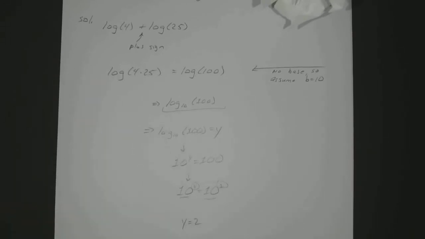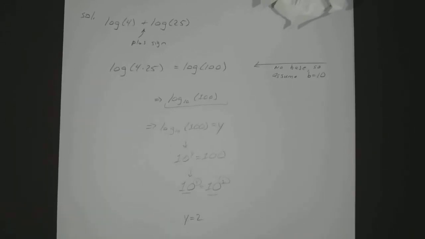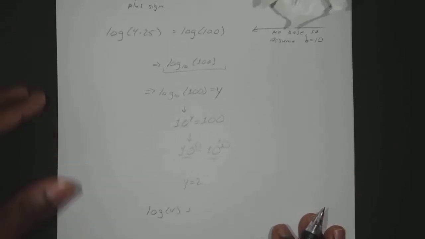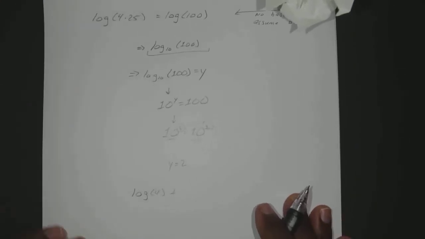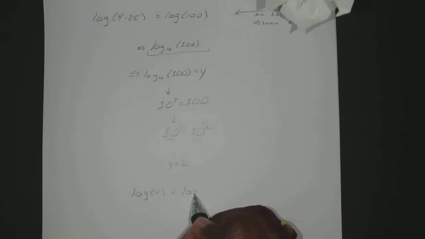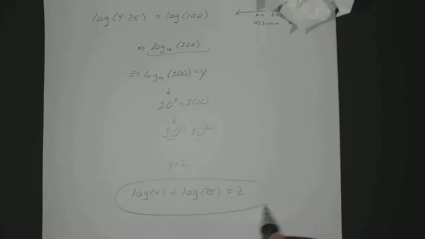So that means log of 4 plus log of 25 is equal to 2. All right, so any questions on that one? Okay.